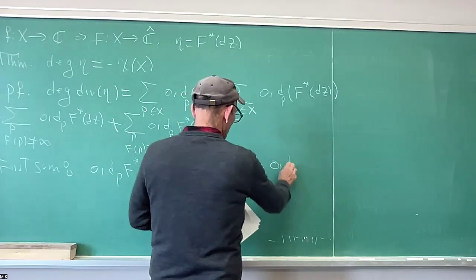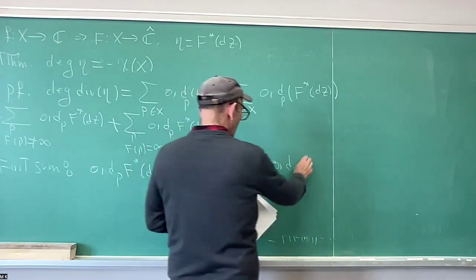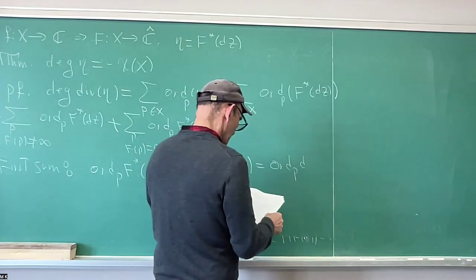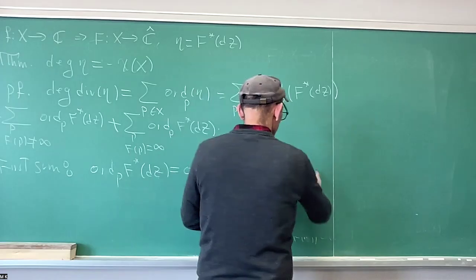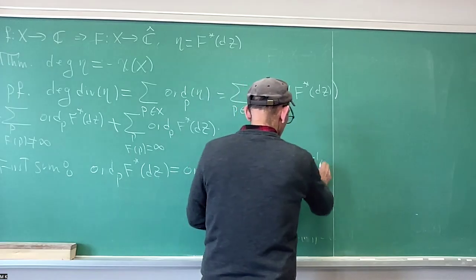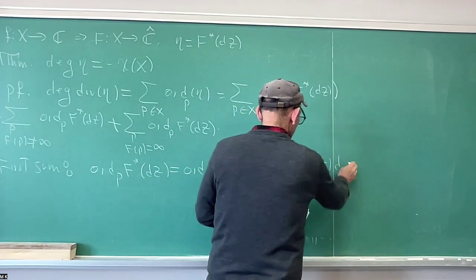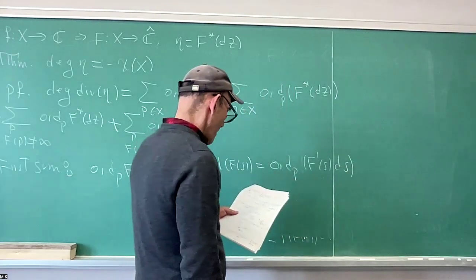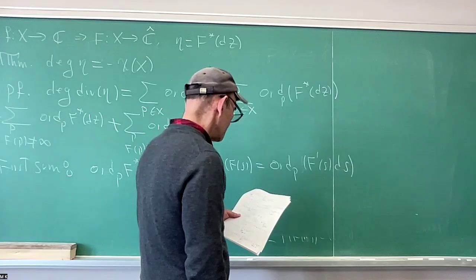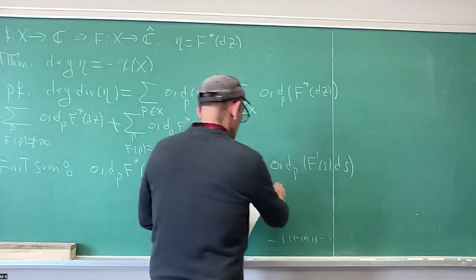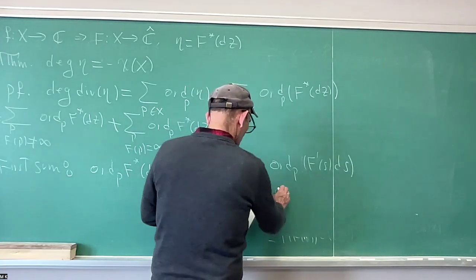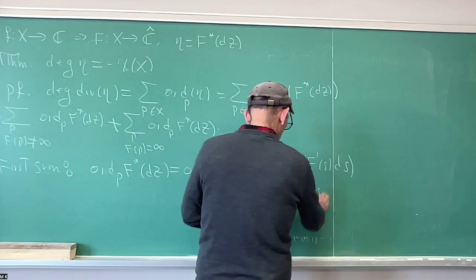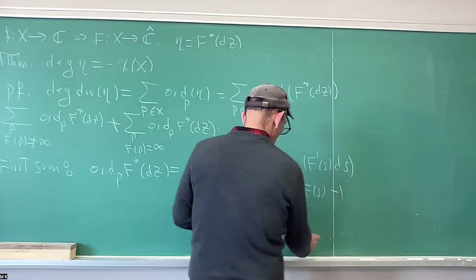This is f prime of s ds. So now this is equal to order at p of f of s minus 1.